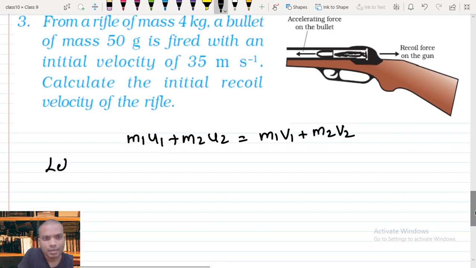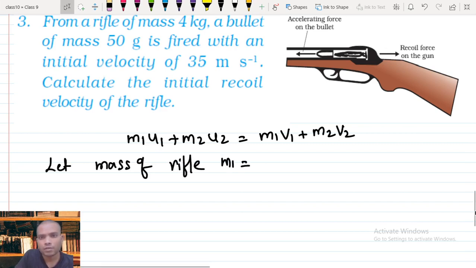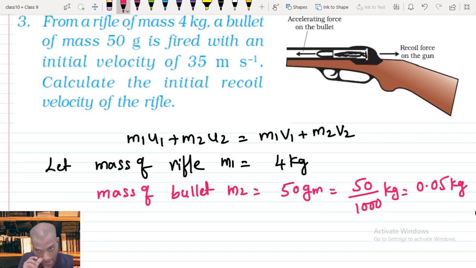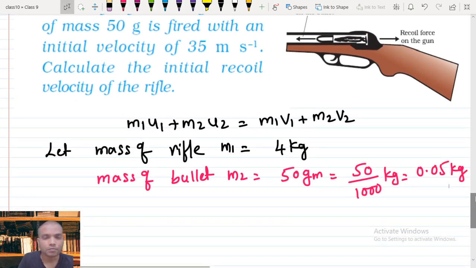Now let the mass of the rifle, m1, equal to 4 kg as given, and the mass of the bullet, m2, equal to 50 gram. So we can convert this 50 grams in terms of kg: 50 upon 1000 kg, so this becomes 0.05 kg. So that is the mass of the bullet.